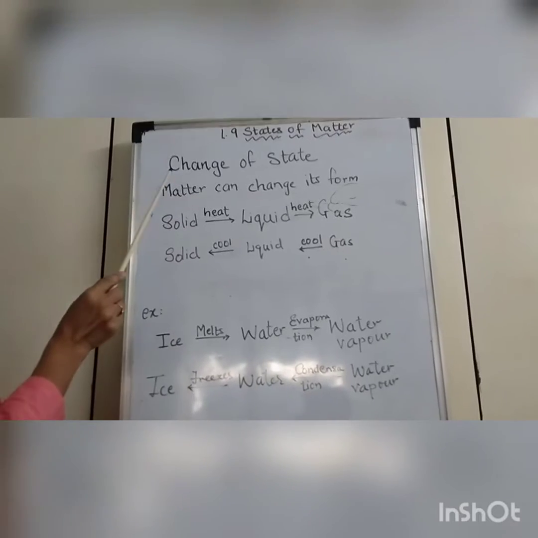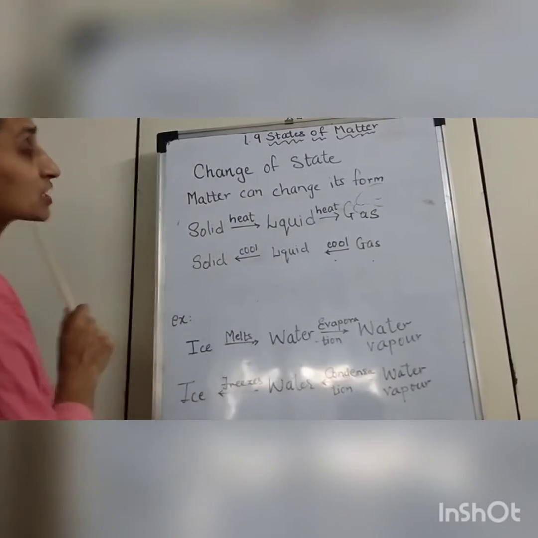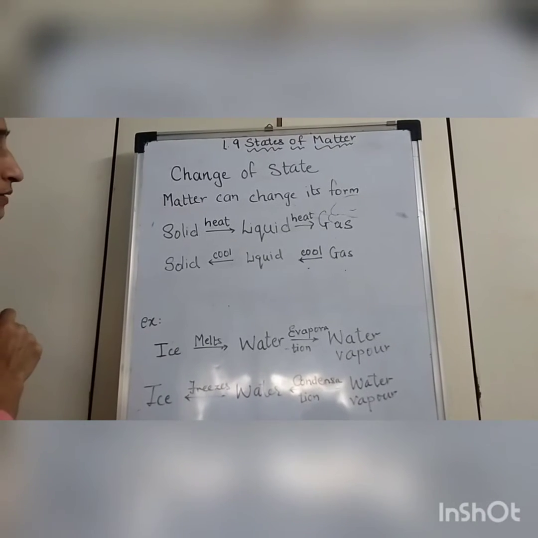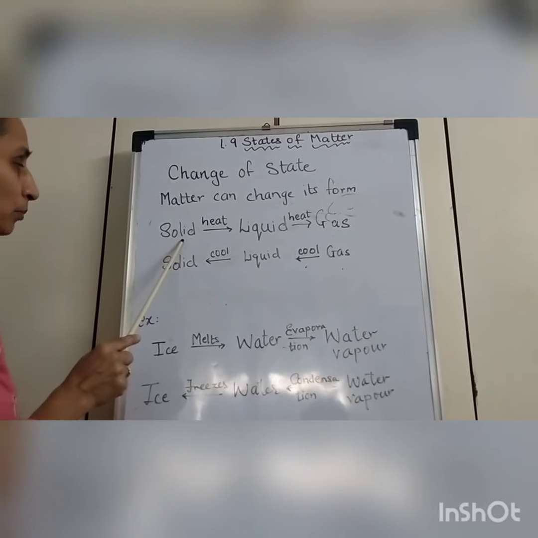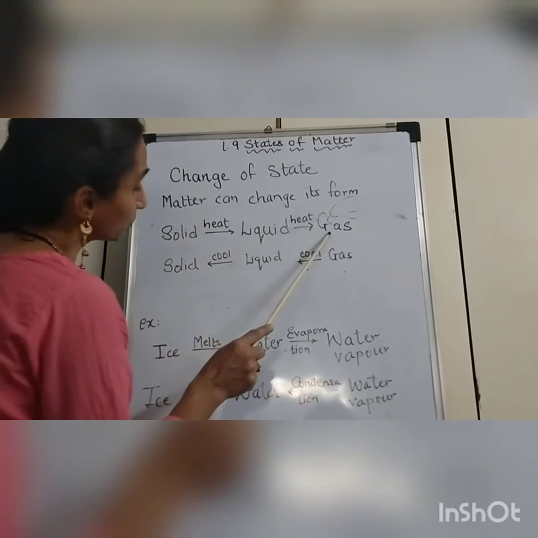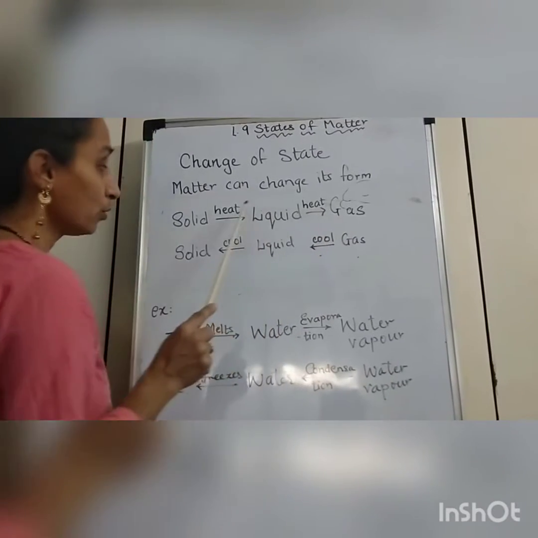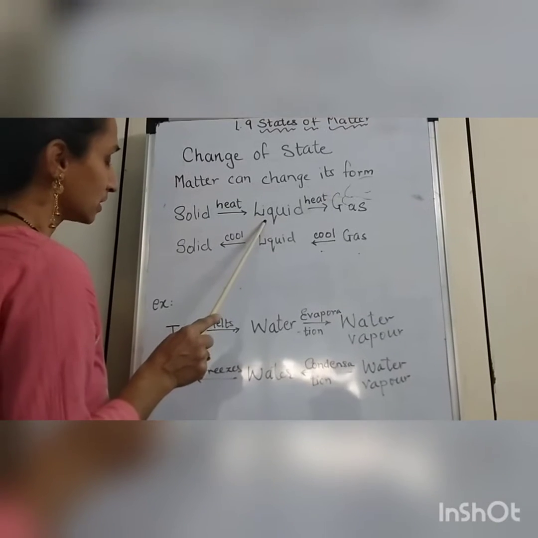Okay, so now we are going to study change of state. So matter can change its form. What do you mean by this? It means to say, if matter exists in solid form, it can be converted into liquid and liquid can be converted into gas. How? If we provide heat to solid, it will get converted into liquid.